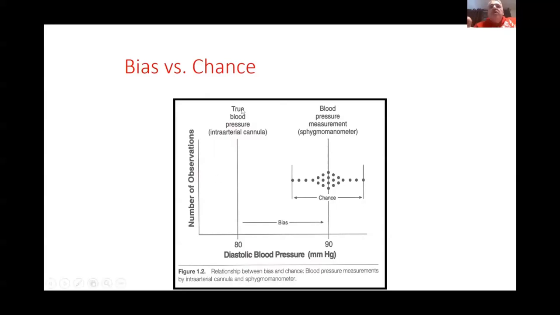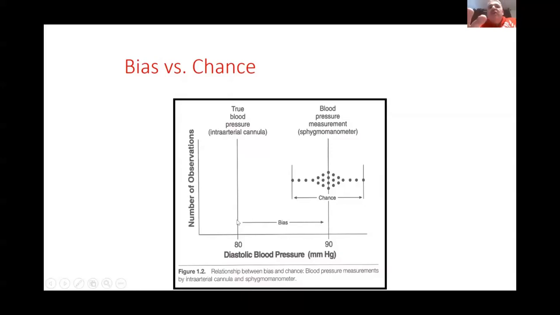No. As you see, let's take here the number of observations. Once we are measuring the blood pressure, if I'm using the sphygmomanometer, the values here, to the right and left of the true value, are only due to chance.